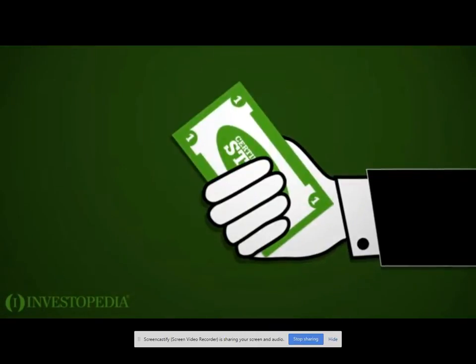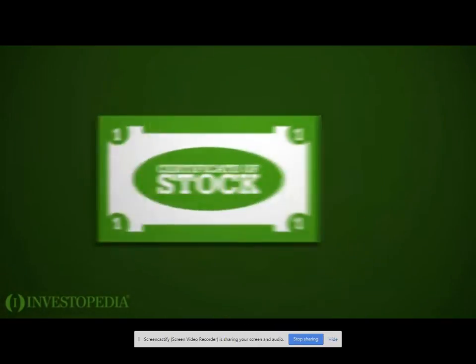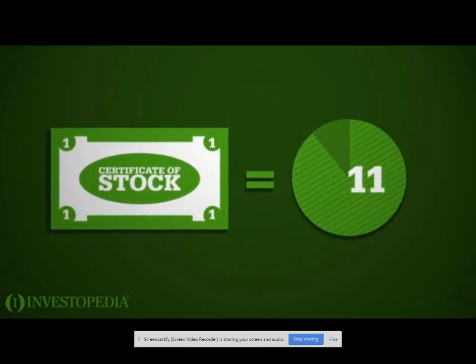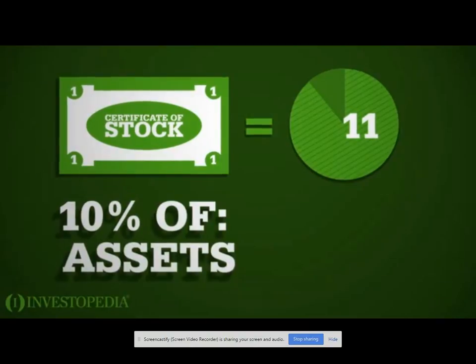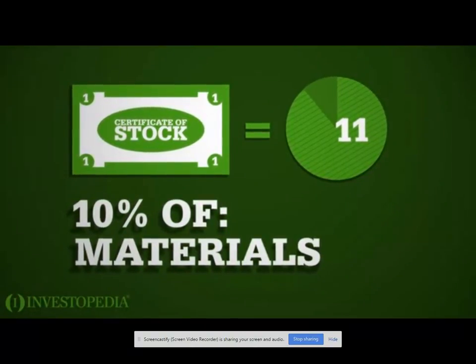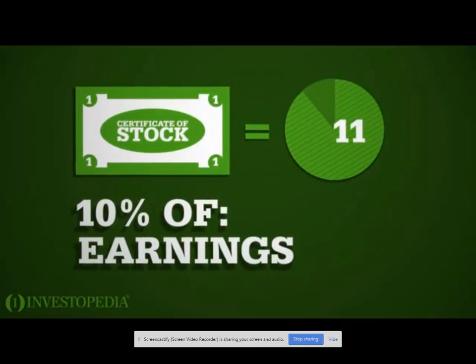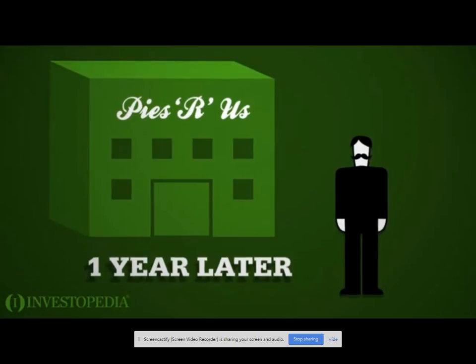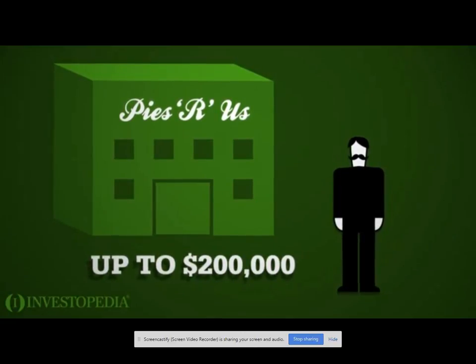In return, he gives each investor a certificate that represents 10% of his company. Each certificate represents 10% of the company's assets, the building, the pie pans, and the baking materials, and 10% of any future earnings. After 1 year, the company is doing well, and the company's total value increases to $200,000.